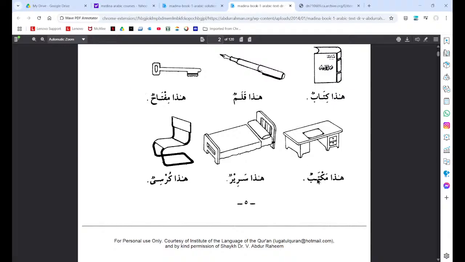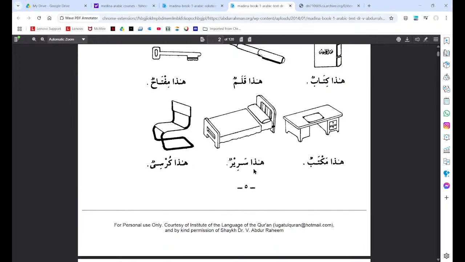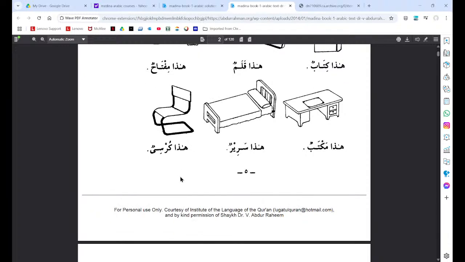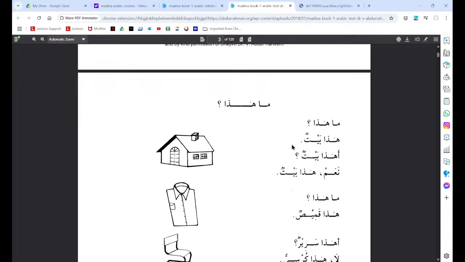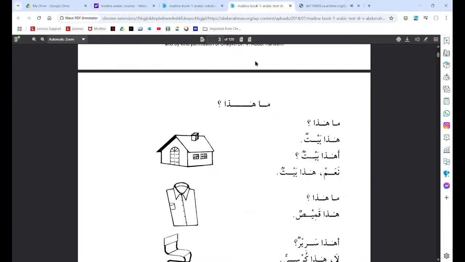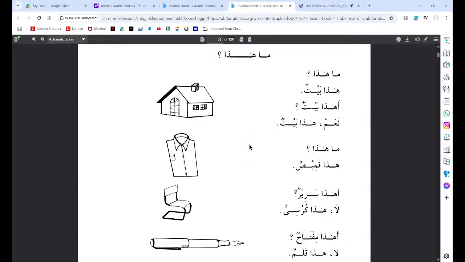This is a key. هذا مكتب. This is a desk. هذا سرير. This is a bed. هذا كرسي. This is a chair. ما هذا؟ الكلمة ما معناها بالإنجليزية what. W-H-A-T.